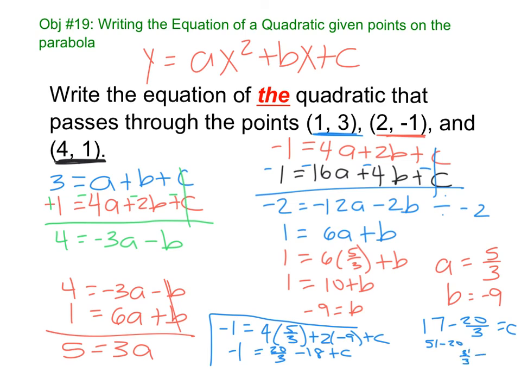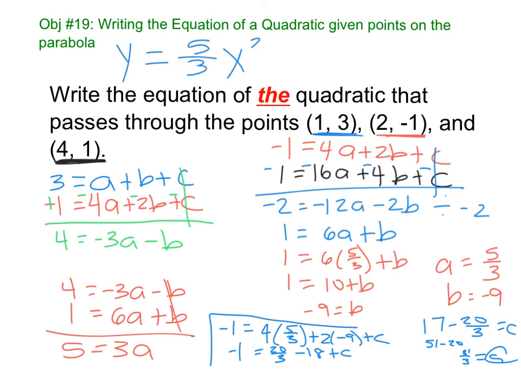Ugh, that's terrible. I hope I made a mistake. If you guys caught my mistake, good for you, because that's terrible. All right. Y equals 5/3 x squared minus 9x plus 31/3. And that's our answer.